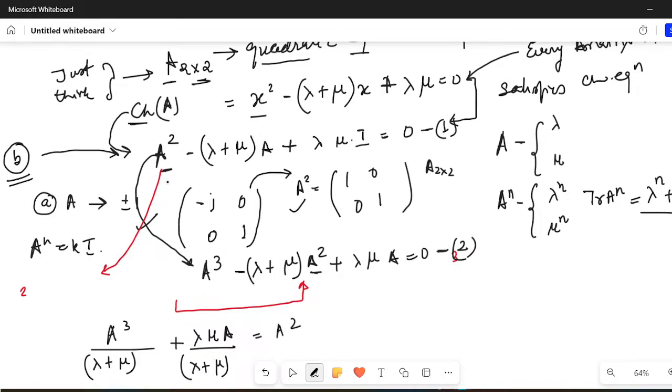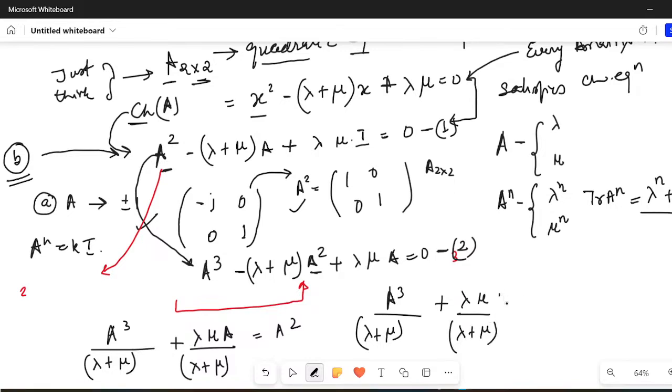And if I replace it here, what will I get? I'll get A cube divided by lambda plus mu, and then plus lambda mu. I think it is a very lengthy question. Okay, no issues. We'll see.